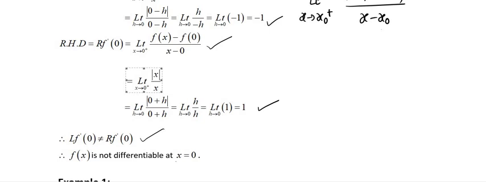So f of x equal to mod x is a function that is continuous at x equal to 0, but it is not differentiable at x equal to 0. Therefore, we can easily say that every differentiable function is a continuous function, but every continuous function need not be a differentiable function.